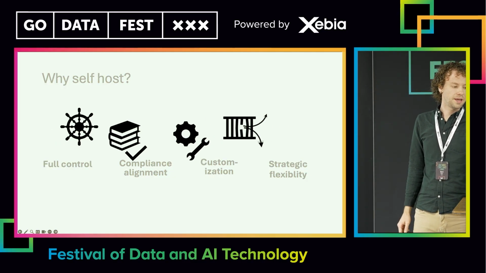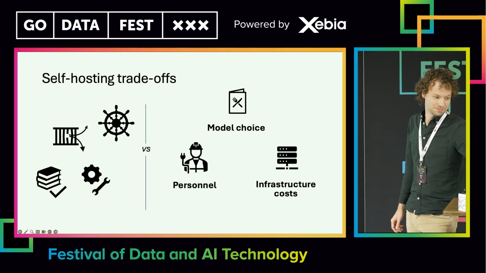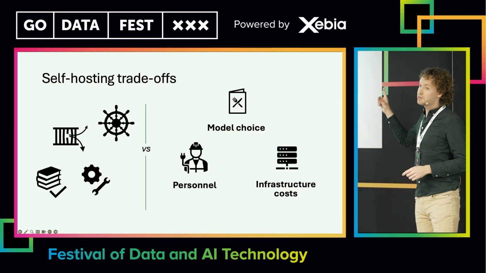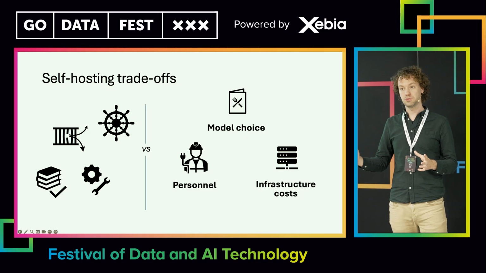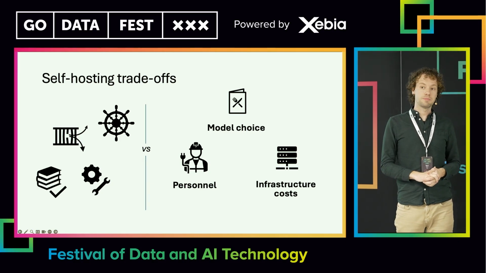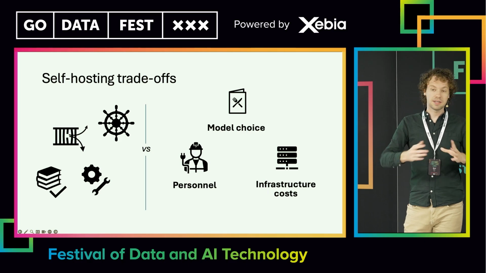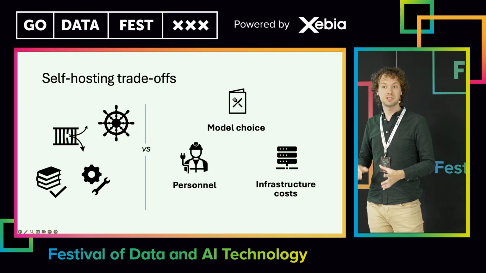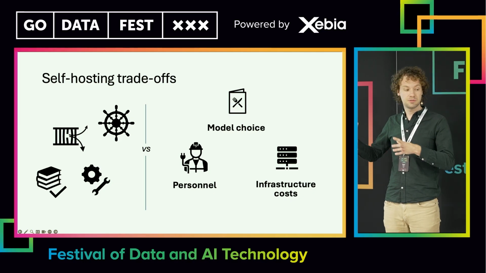So all fun and games, that's self-hosting, but there are also some trade-offs. There are three major trade-offs. The first one is model choice. You can only use open models. Think about Llama, Gemma, Qwen, DeepSeek as well, there are a lot of open models, but you cannot use Gemini, you cannot use ChatGPT. So you're limited to those models.